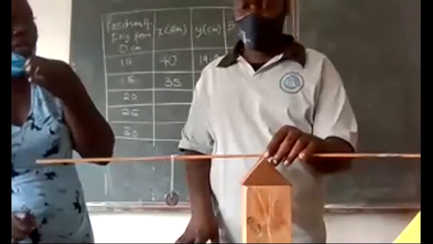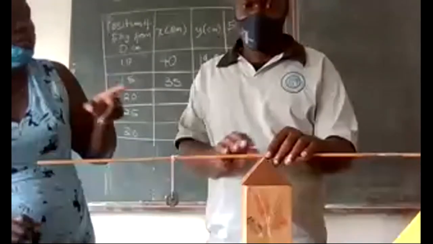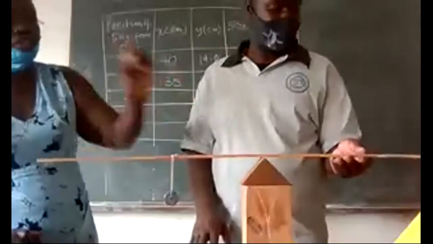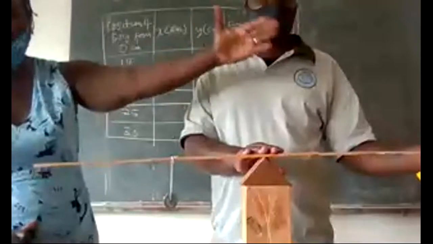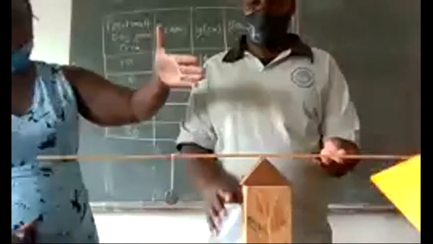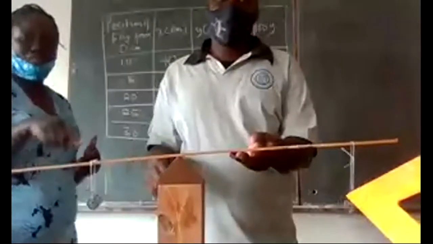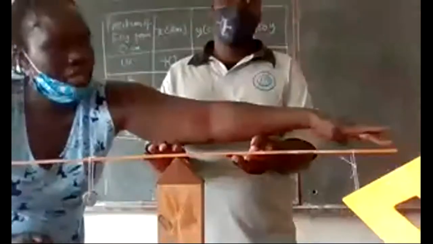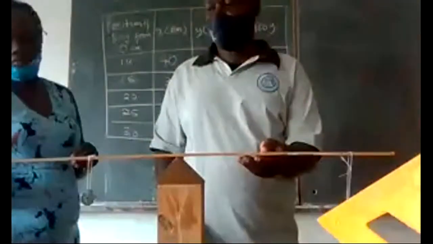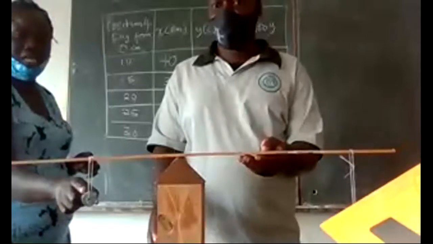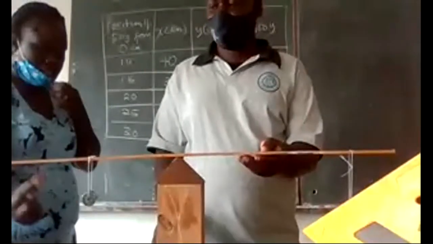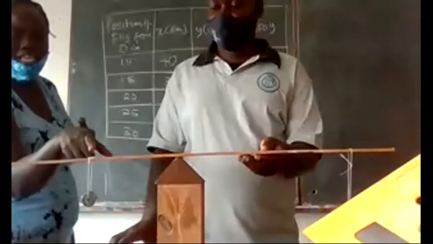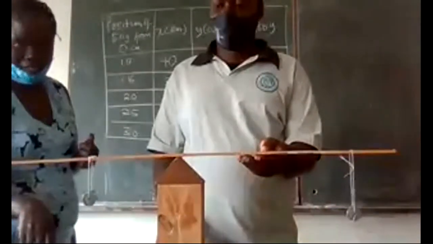Then the first one was when a 50 gram mass was placed 10 centimeters from the zero mark. From here to here is 10 centimeters. Then the teacher tried to balance from this other side with a mass of 100 grams. He kept changing this until it balanced at 69.8.